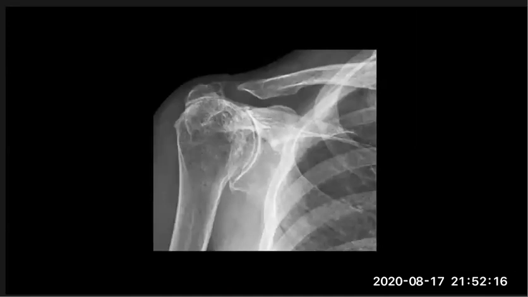Okay, next case. We need a very nice description for all the findings. X-ray of the shoulder showing a lytic lesion involving the head of the humerus.